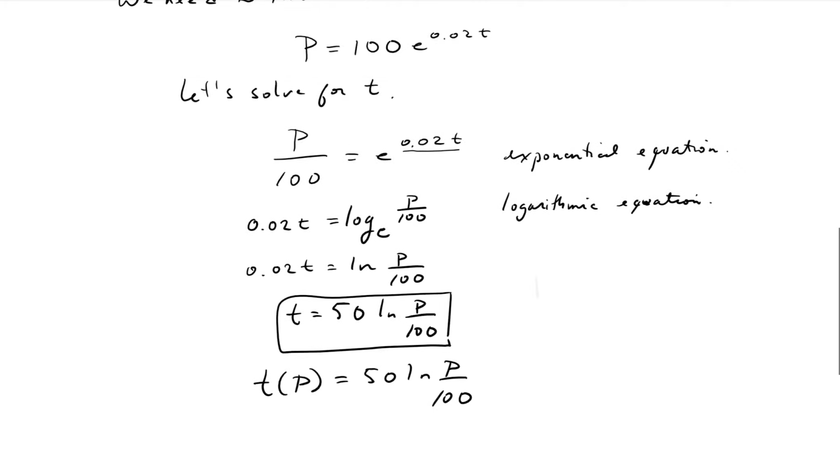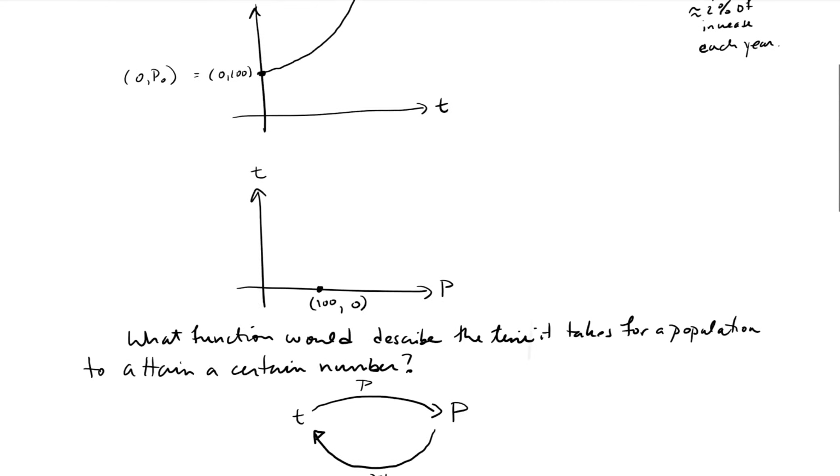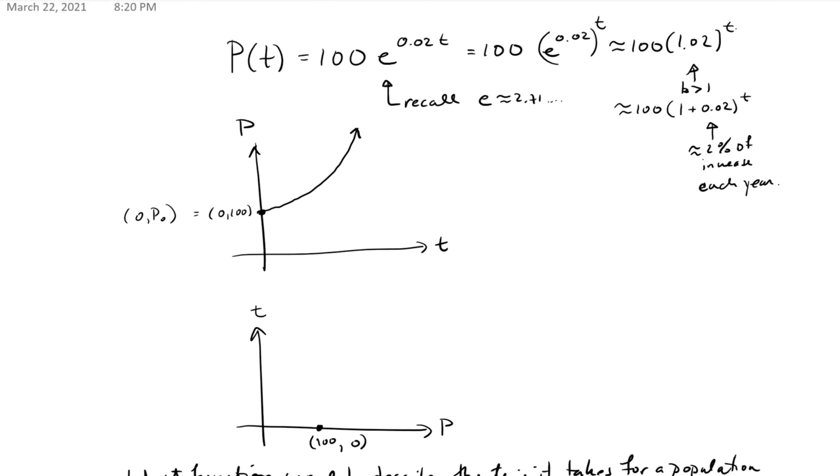So what we need to do to graph the inverse function is draw the line p equals t, or the line y equals x, but here x and y are called t and p, and then reflect that across this axis. So we're going to get something that looks like this. Okay.